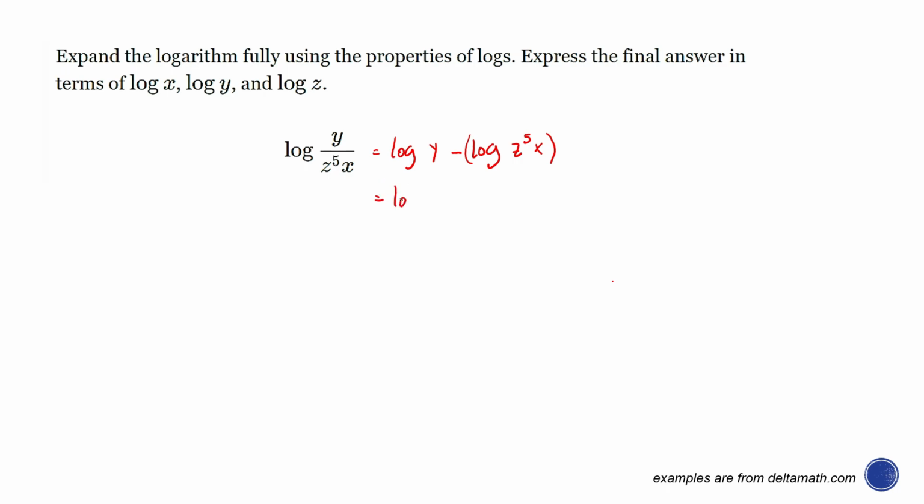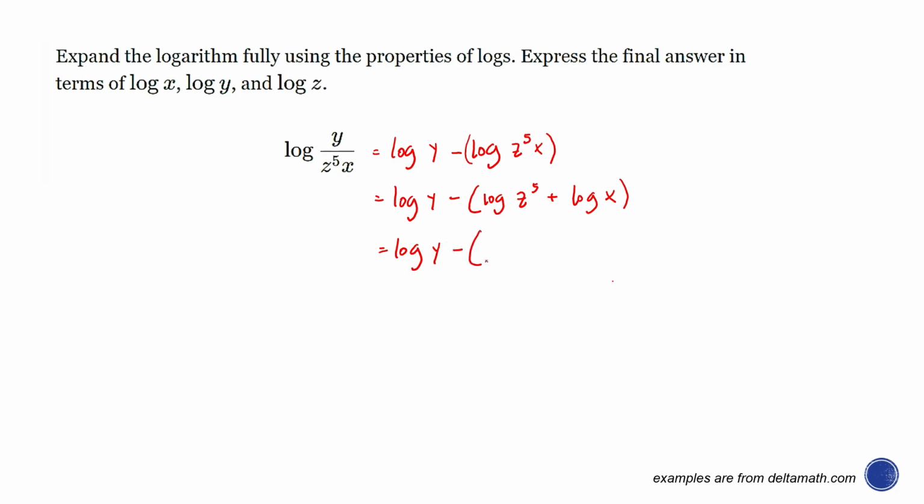And then we can expand this portion of the expression because we can apply the product rule here. So log y minus log z raised to 5 plus log x. Okay, and then that exponent 5 of z, we can expand using the power rule.